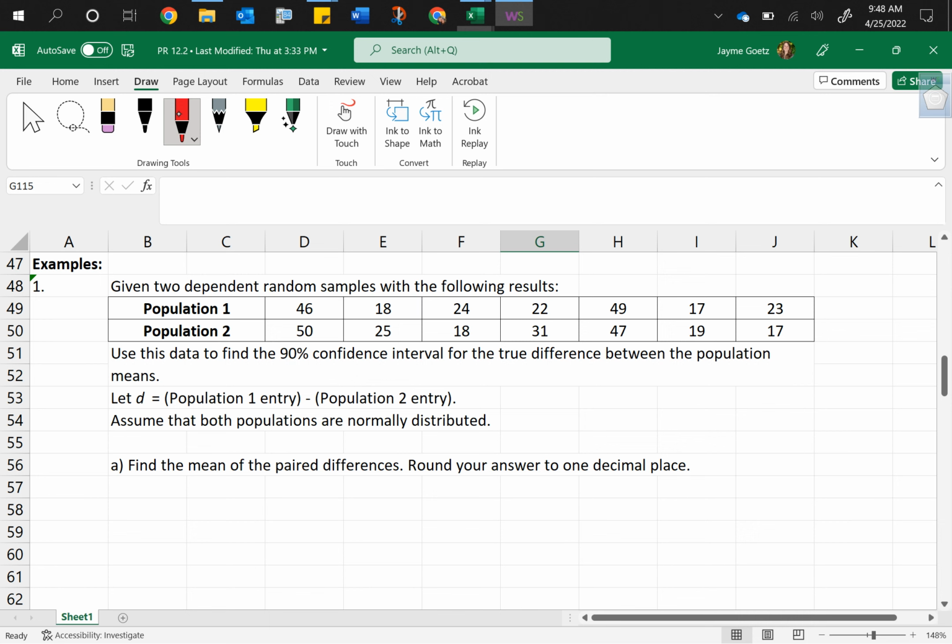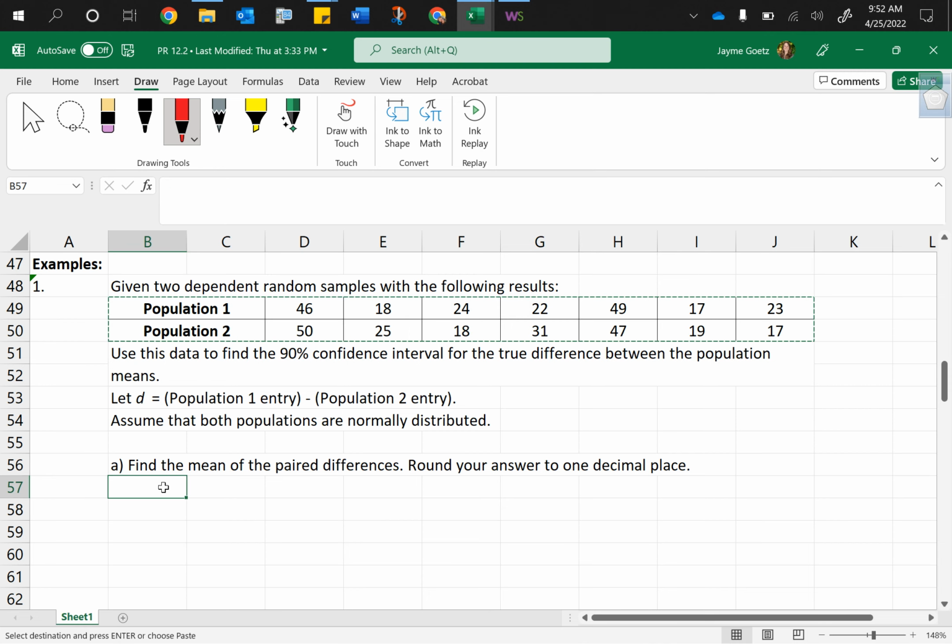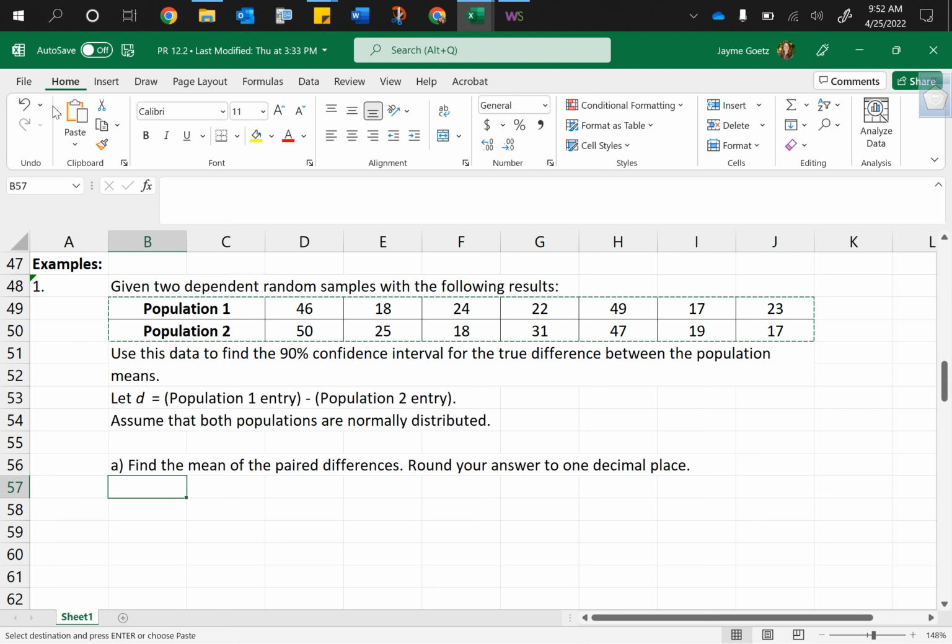So here's the thing. Part A says, find the mean of the paired differences and round your answer to 1 decimal place. Here's what we need to do. We need to take this table and we need to translate it. So I want you guys to highlight this table, and you're going to copy it, Control C. And then you're going to come down here and click, but before you paste, remember we're going to go over here to your home bar.